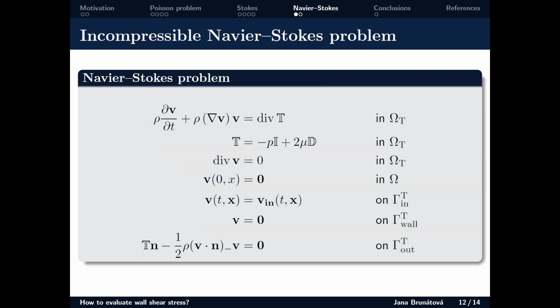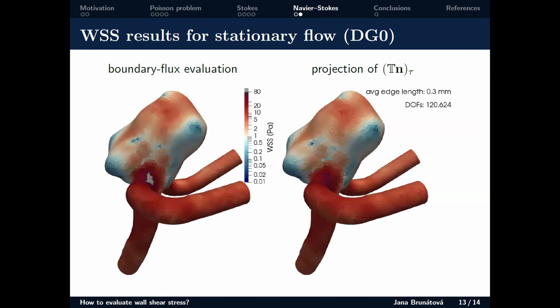So the full system looks like this. We have the convective term and time derivative here. The Cauchy stress is defined like this. And as before, we have zero velocity on the walls. Now I won't write the equations again. The procedure is exactly the same. And let's just show results for boundary flux evaluation and projection on the same mesh.